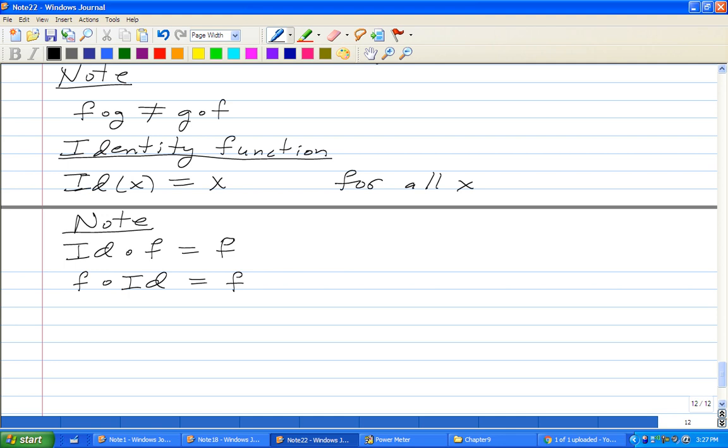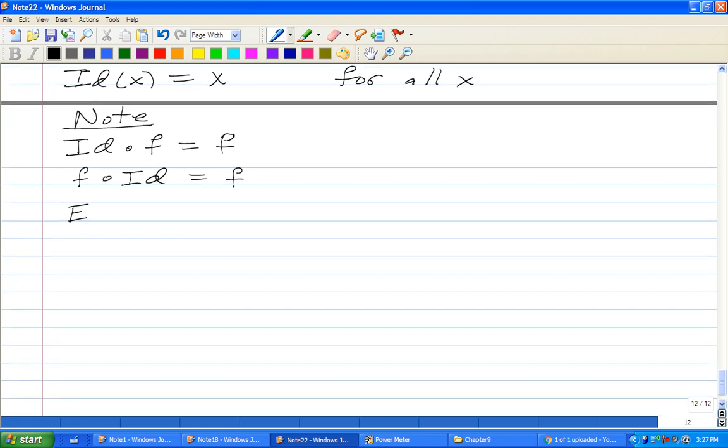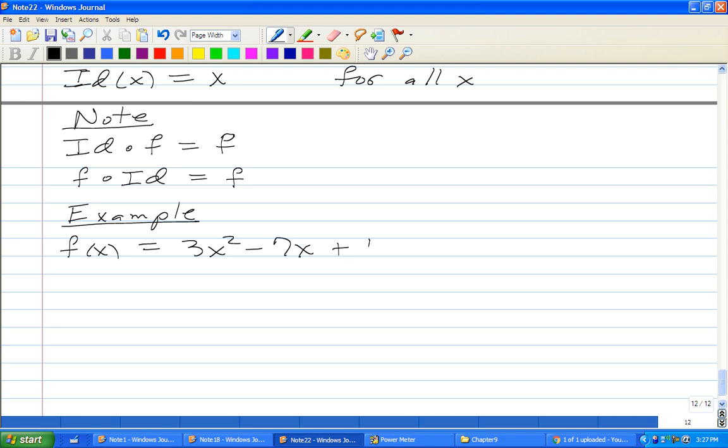Okay, so let me do an example. Let f of x equal 3x squared minus 7x plus 1. Let g of x equal 4x plus 3. Then let's determine f composed with g at x.